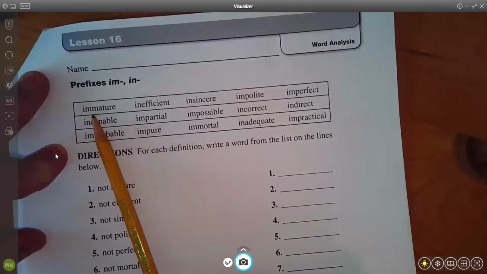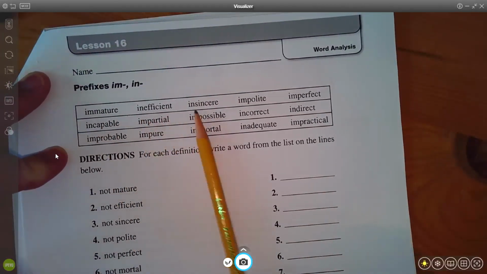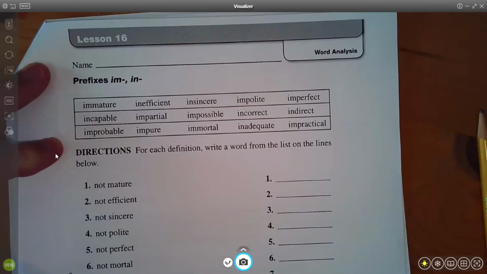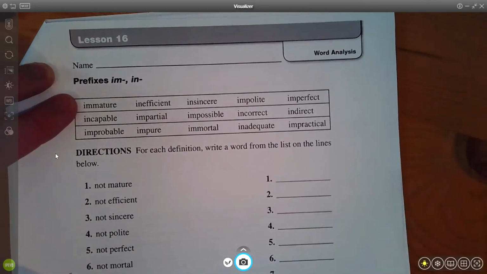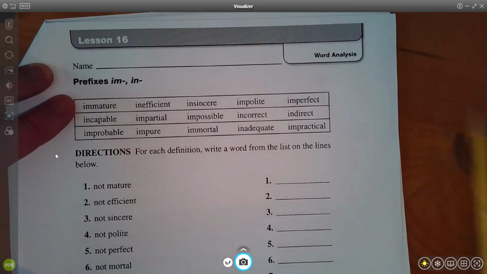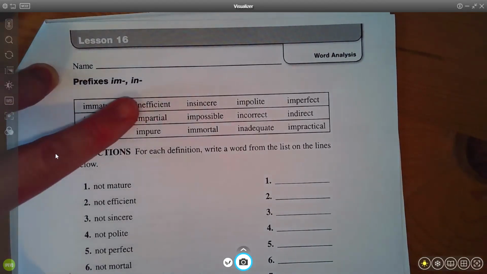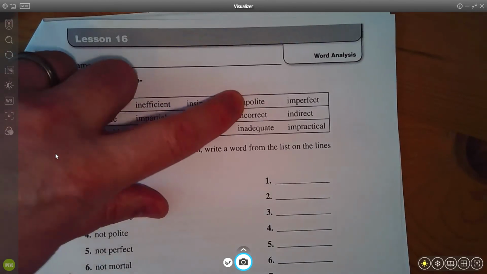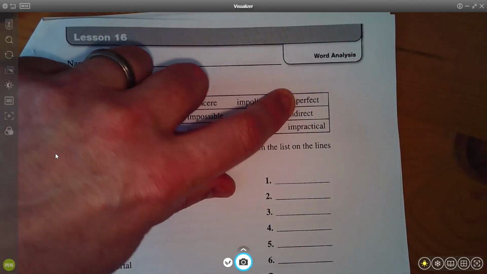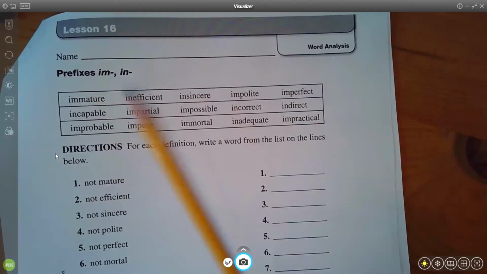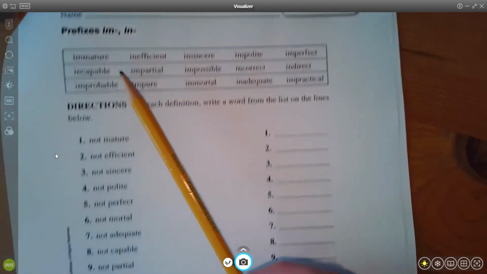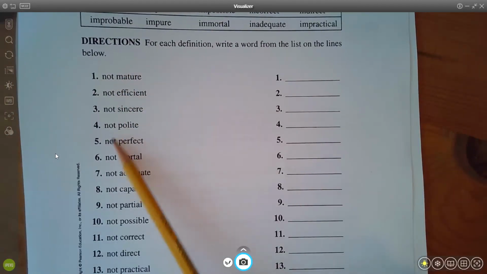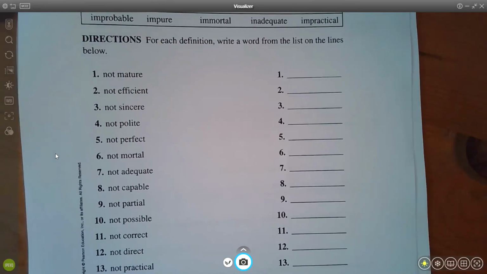It's got the word immature, inefficient, insincere. But check it out. If I just cover up these two prefixes, im and in, I get mature, efficient, sincere, polite, perfect, right? Im and in, the prefix just is canceling out what the word is next. It just means not.